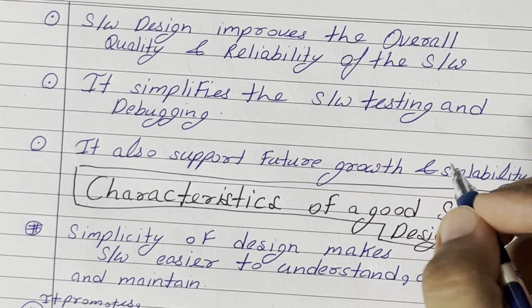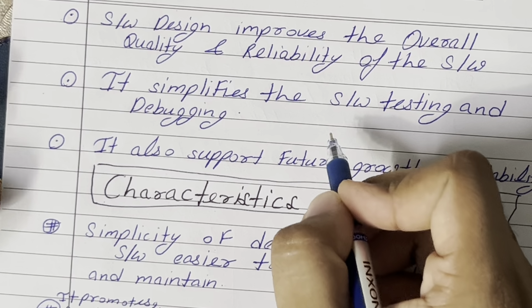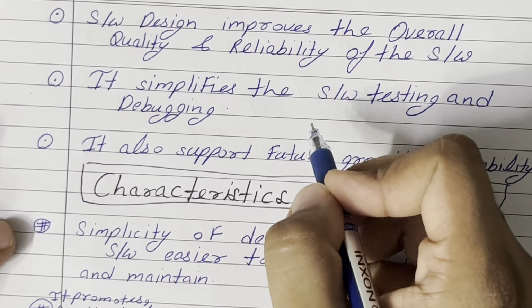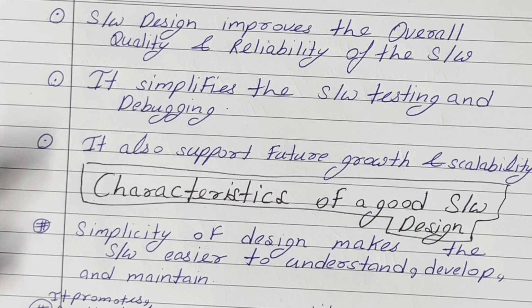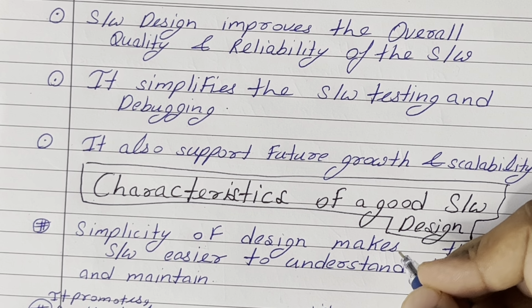Next, it simplifies software testing and debugging. Testing becomes significantly easier when the software is divided into well-defined modules, and each module can be tested independently before integrating it with the rest of the system.